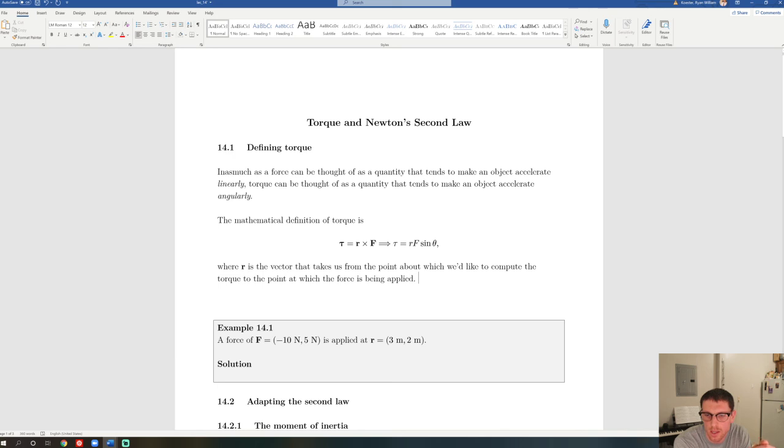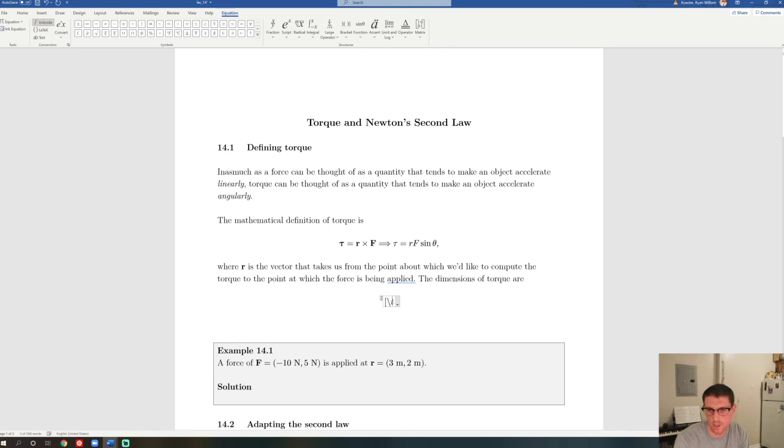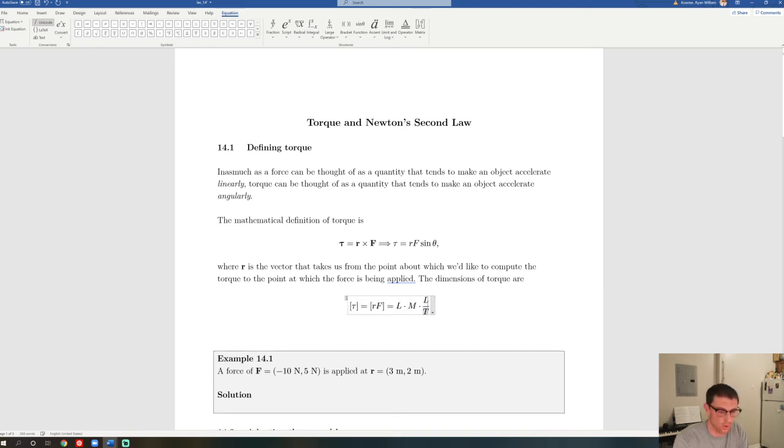Okay, so let's see here. So there's that, and I have a lot of things to say, but let me just say, first of all, the dimensions of torque are, and this might be a little weird, we're going to have a length for r, and then we're going to have a mass times a length over a time squared.